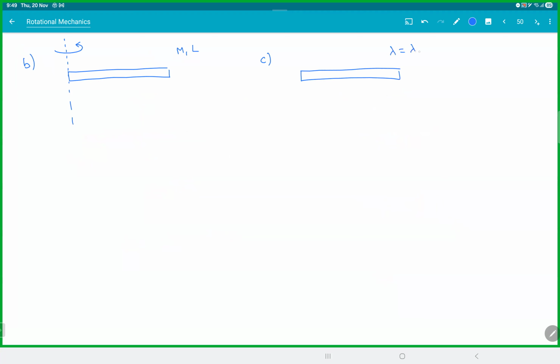Let's say lambda is equal to lambda naught x. What is the moment of inertia about that? The second one is also a standard result, but let's derive it fast. And others, do keep your cams on.